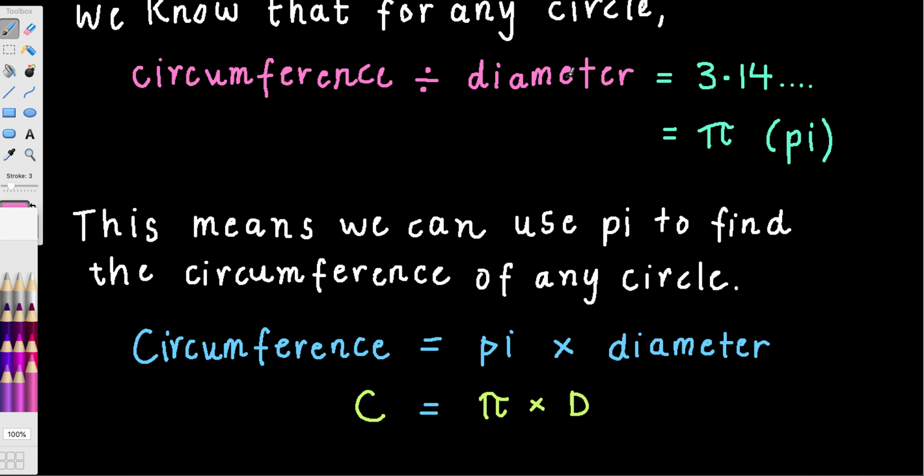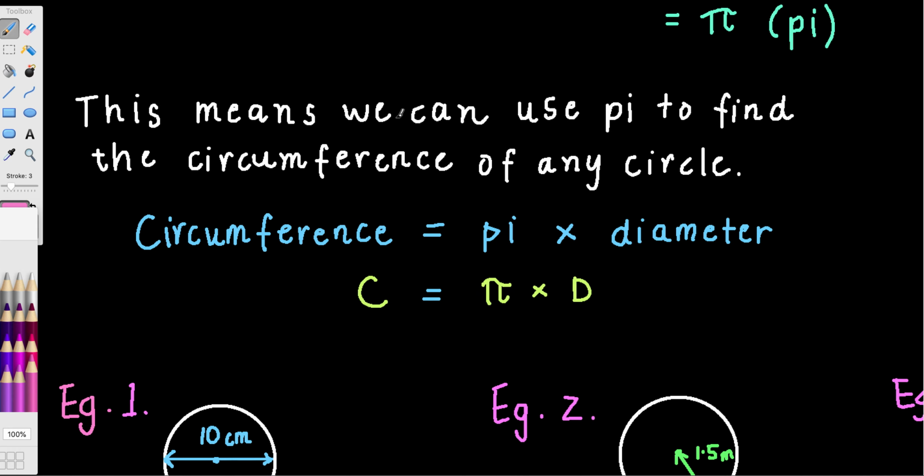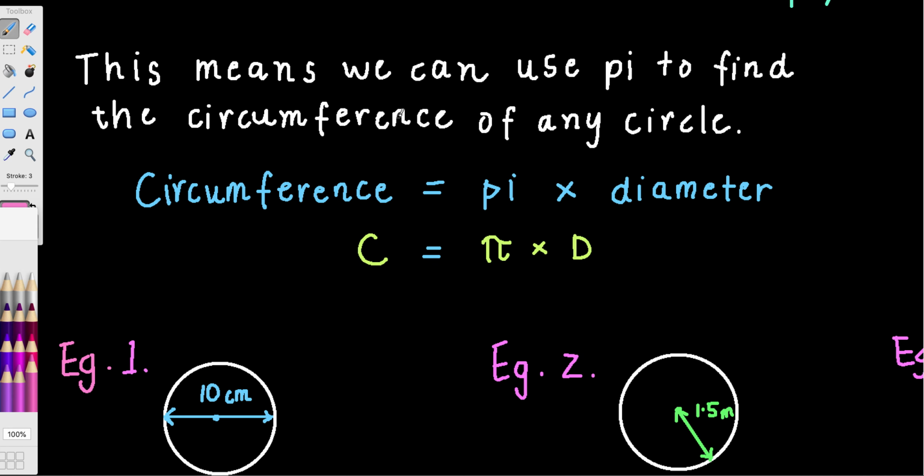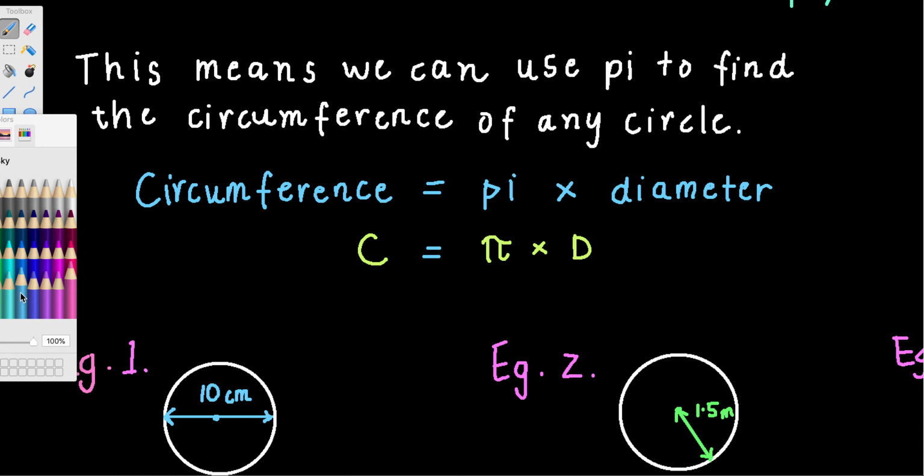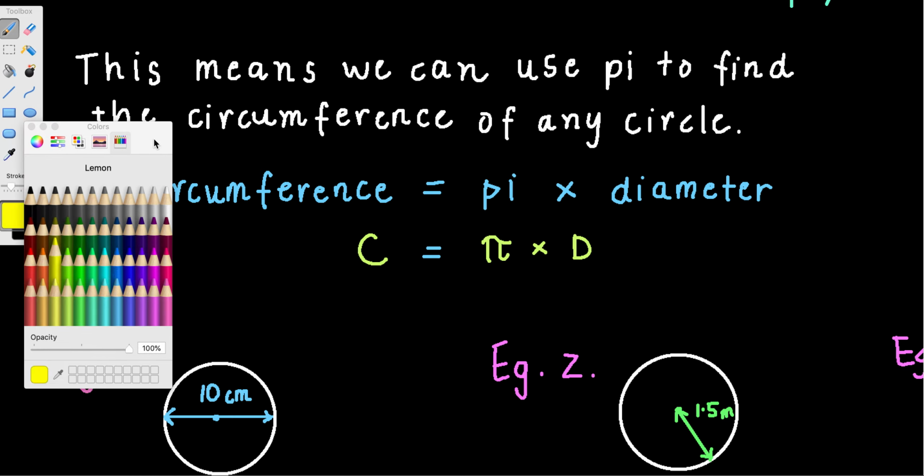Knowing that the diameter fits into the circumference pi number of times, so just over 3 times, we can use pi to find the circumference of any circle. And you'll see here I've got a formula for the circumference. This comes from that fact about the diameter and the circumference.